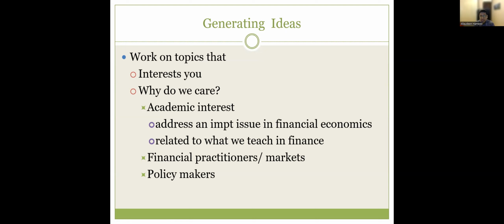It could also be a topic of interest to financial practitioners and market participants in general, either investors or broker dealers or analysts and so on. It also could be a topic that is of concern for policymakers. So it doesn't really matter who, maybe it's a combination of these potential interests, right? As long as we know there's a broader interest, that would make a good research topic.